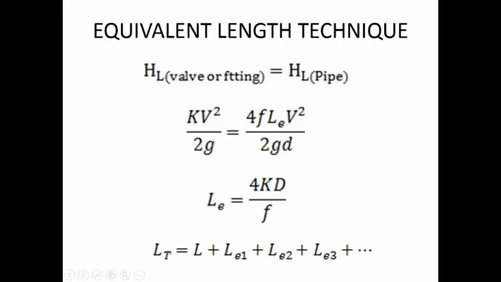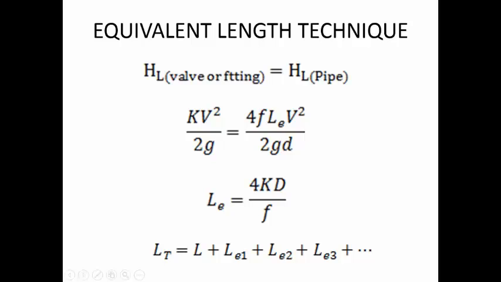Once you know the value of L_e, we can add all the equivalent lengths to get the total loss. For each of these elements, we will know how much straight length of pipe is required to create the same amount of loss, so it is possible to simply add all these lengths.